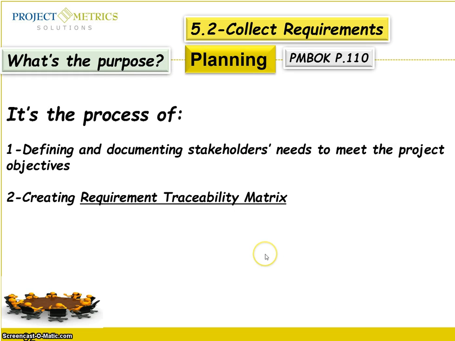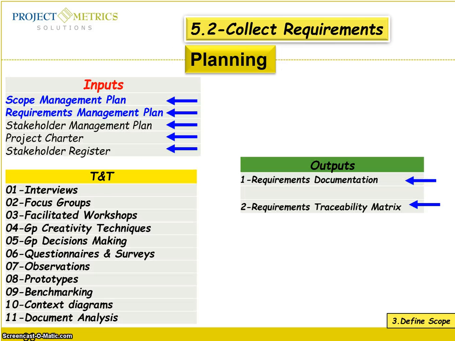How about collect requirements? It's a process of defining and documenting stakeholders' needs to meet the project objective, and it creates the requirement traceability matrix, which is a database for all the requirements of your stakeholders. Here, don't get scared when you see the inputs, tool and technique, and the outputs, whether to memorize or not, just to make the logic out of it.